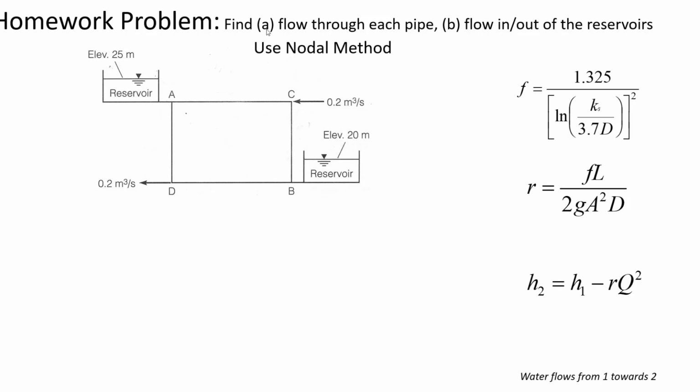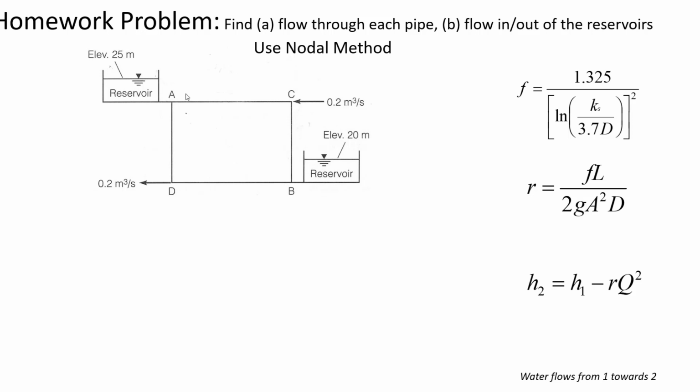What you don't know is the direction of flow, the quantity of flow, and the flow rate coming in and out of the reservoir. So we don't know how much is going through the pipe, and for that matter, we don't know if the water's going from A towards C or from C towards A. One thing we do know is, let me just do a quick sketch of the system on the board here.